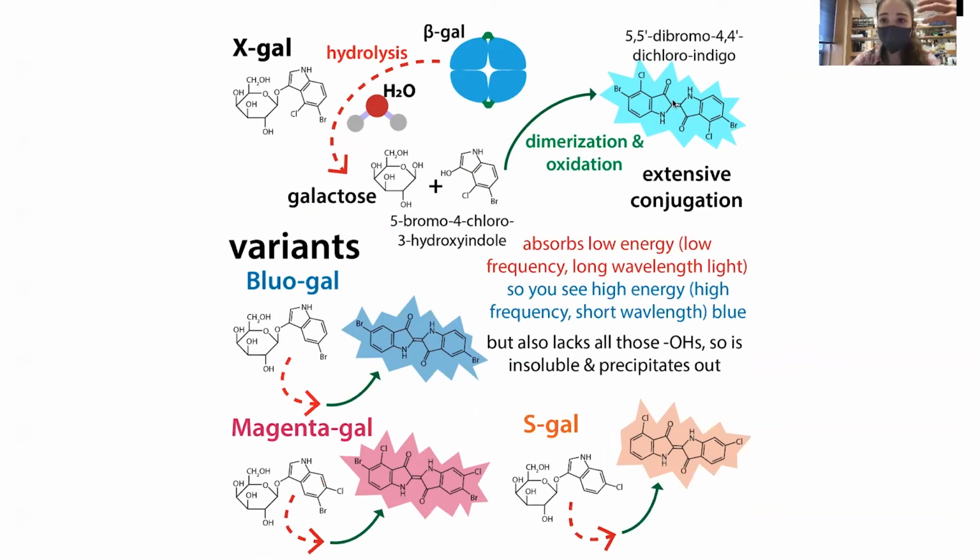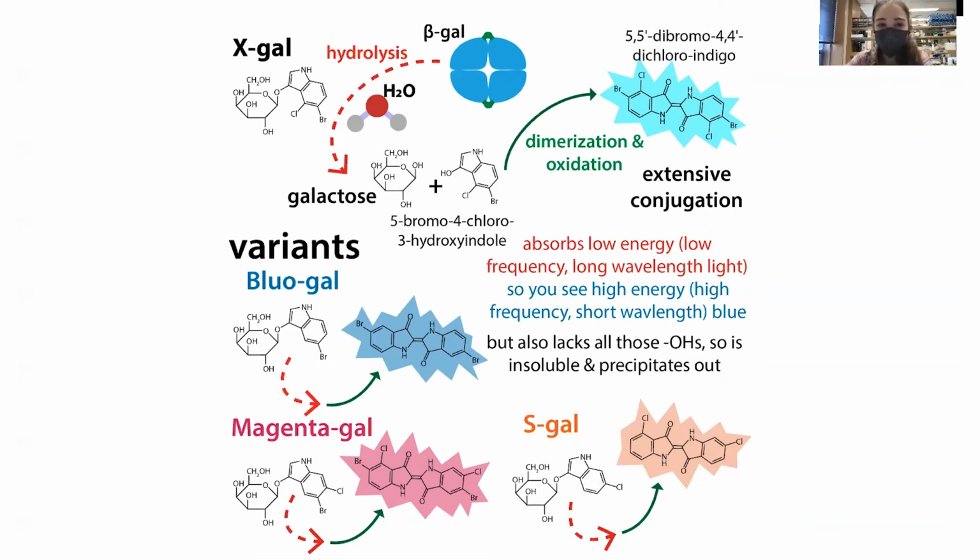So this resonance stabilization or electron delocalization is going to allow it to absorb visible light. It's going to absorb low energy, low frequency, long wavelength light. Because it's stealing that part of the rainbow, you're going to see the high energy, high frequency, short wavelength blue light. And so this is why this product is blue.